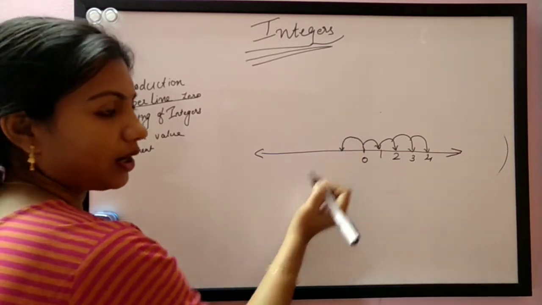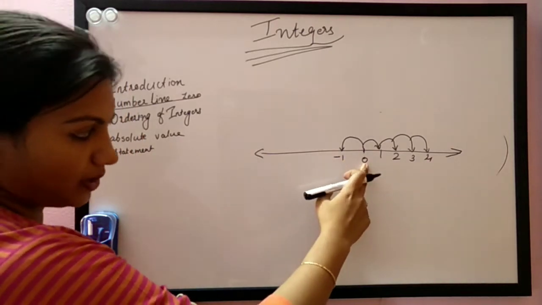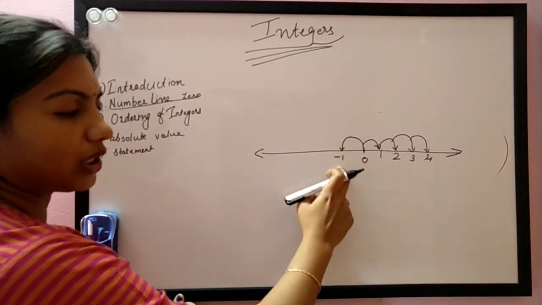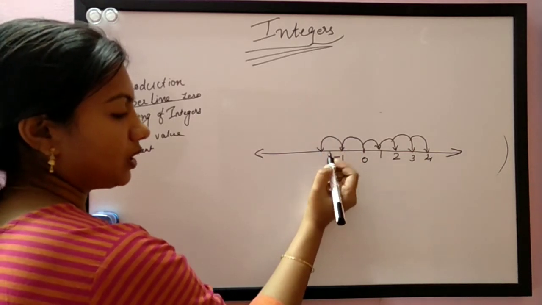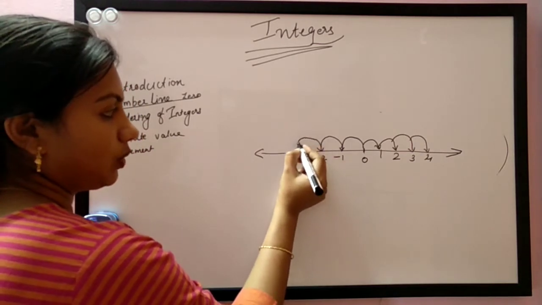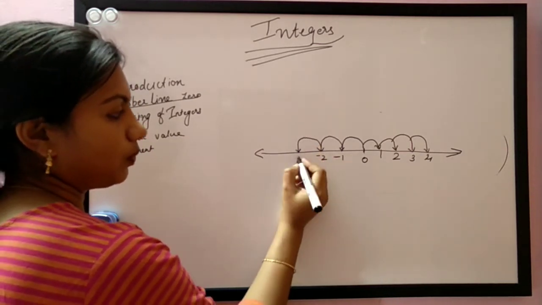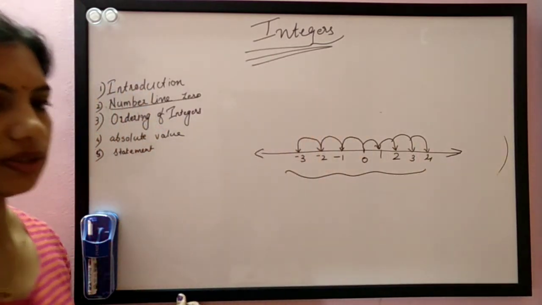Left 1 unit, -1. So from 0, you take 1 unit to the left, it is -1. 1 unit to the left of -1 is -2. 1 unit to the left of -2 is -3. So these are integers.